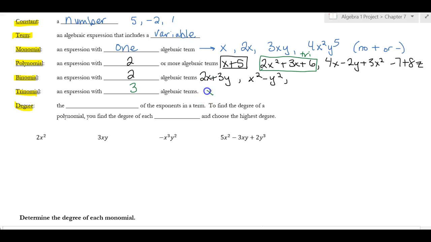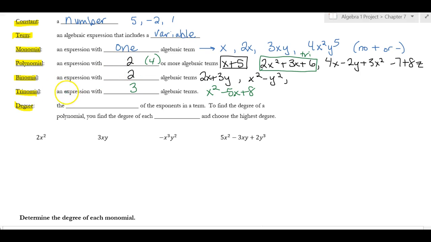So anything with three terms, x squared minus 5x plus 8, those are trinomials. Usually I'm only going to use the word polynomial if it has four or more. Technically a binomial and trinomial are all polynomials, but we'll only identify them as polynomials when it's four or more.